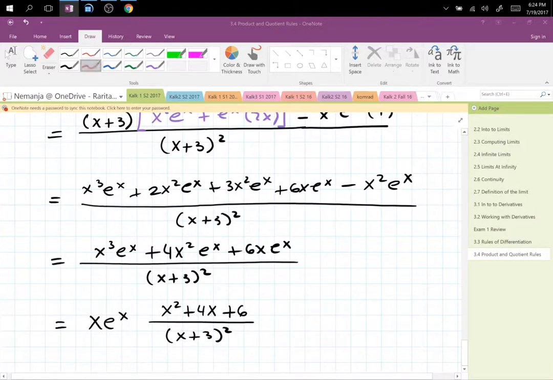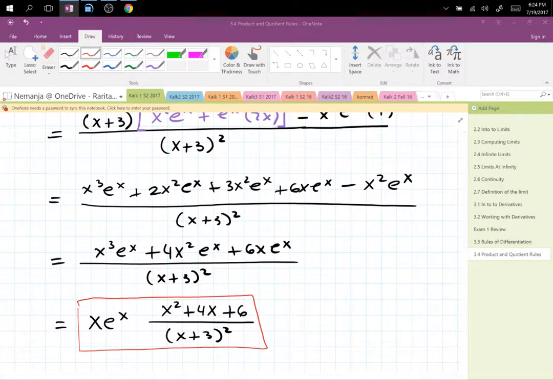And that will be the simplified version of the answer, ready to be set equal to 0 to find critical points, min, max, everything else.